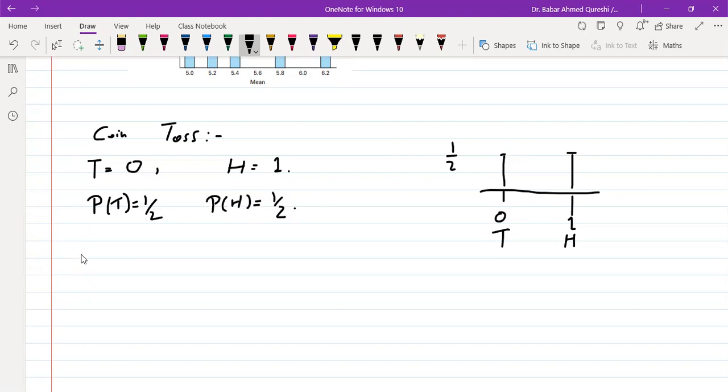Now I pick samples of size 2. So what are the possibilities? I can have head. In this case, my problem is that I'm coin tossing again and again, so I'm doing something with replacement.